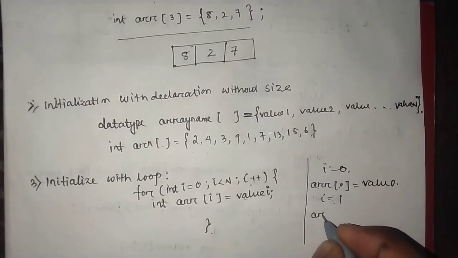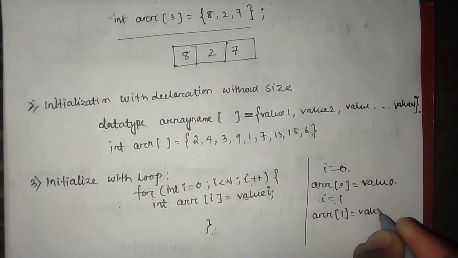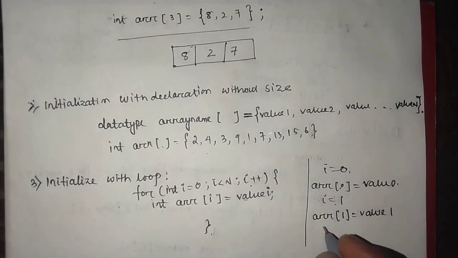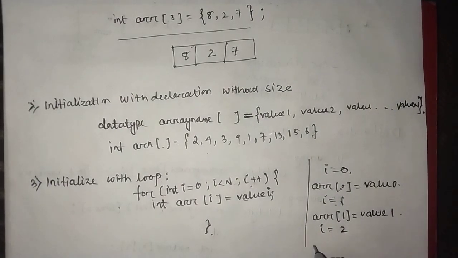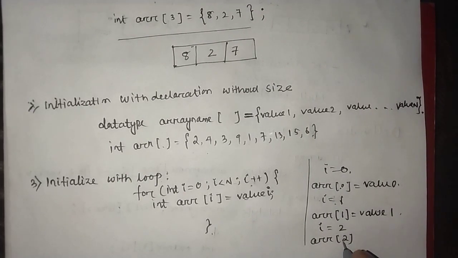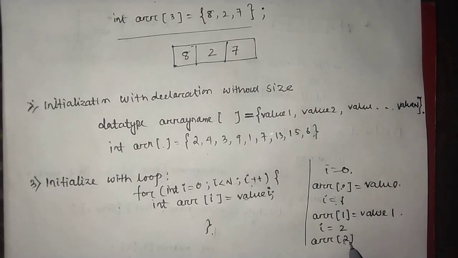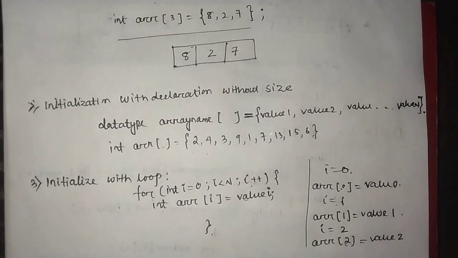So for arr of 1, we assign value 1. In the next iteration i will be 2, so arr of 2, the second index, will have the value 2, something like that.